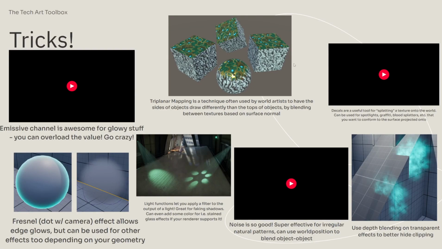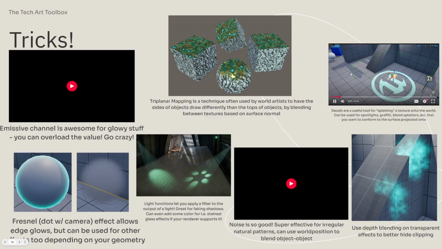Glowy stuff looks great. Another technique, triplanar mapping. This is how a lot of environment artists have grass on the top of objects but not on the sides, or snow on the top and not on the sides. Yeah, I haven't done it too much myself, but it's out there if you're interested. Decals are also a thing that exists.